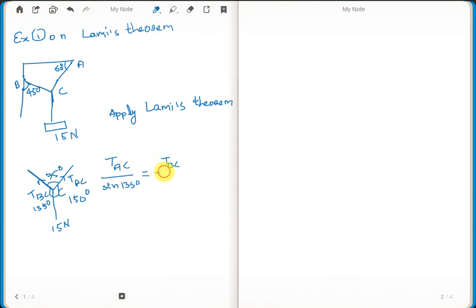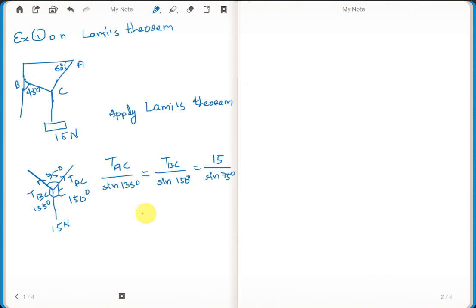TBC by sine of the opposite angle, which is 150 degrees, is equal to the load, directly we can consider it as 50 newtons. So 50 by sine of the angle between the opposite two strings. What are the opposite two strings? AC and BC. The angle we got is 75 degrees.